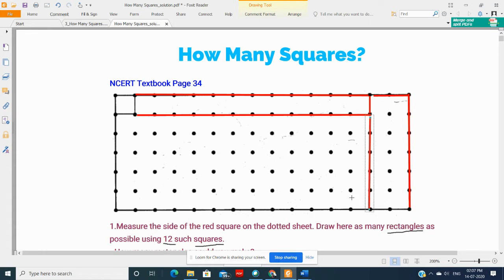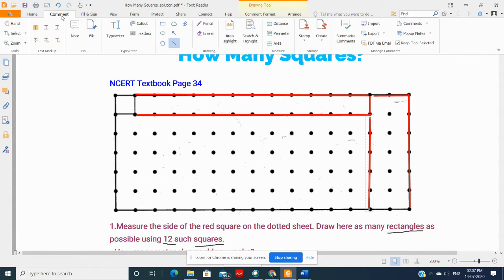Now let's take here, for example, we are taking here 1 2 3 4.